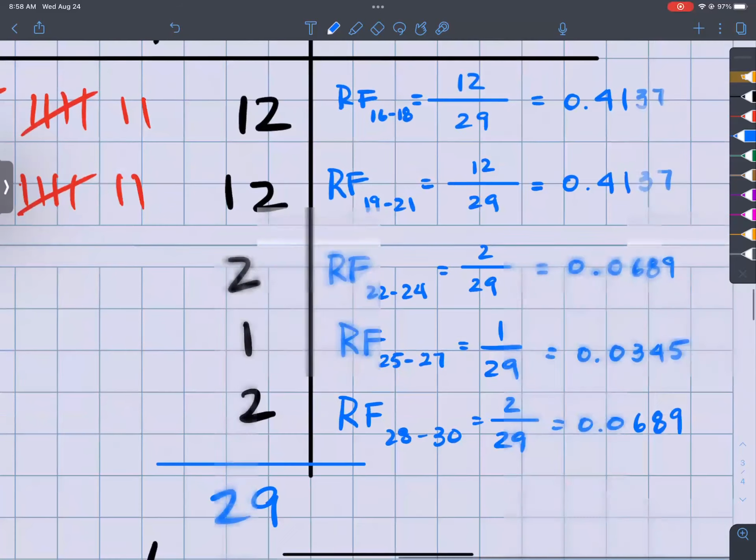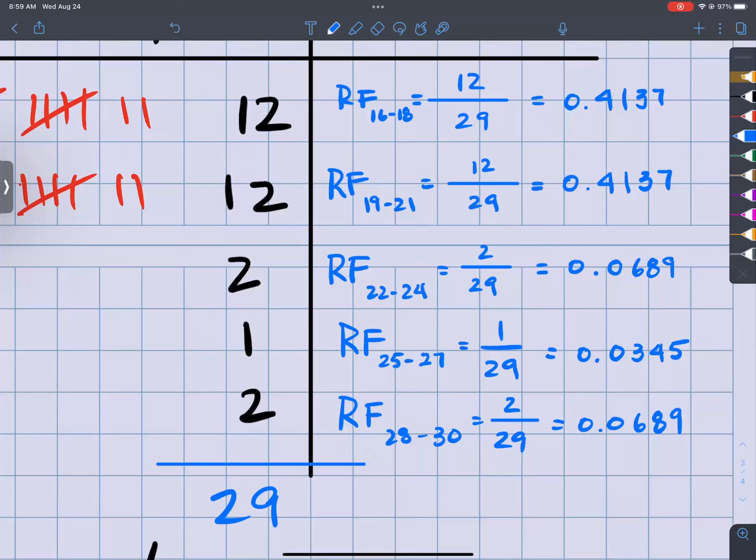Let's check that out. Oh boy. So we should have kept on going, right?